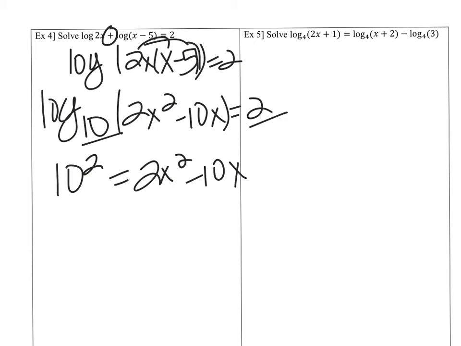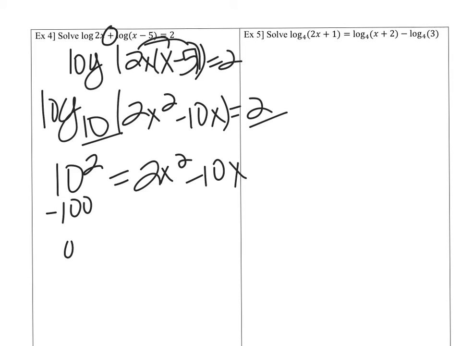All right, so this is a quadratic. We're going to have to solve a quadratic by factoring, quadratic formula, graph it, find the x-intercepts. I'm going to do it by factoring because it is factorable. To do that, I need to set it equal to 0. So this is 100. I'm going to move it to the other side by subtracting.